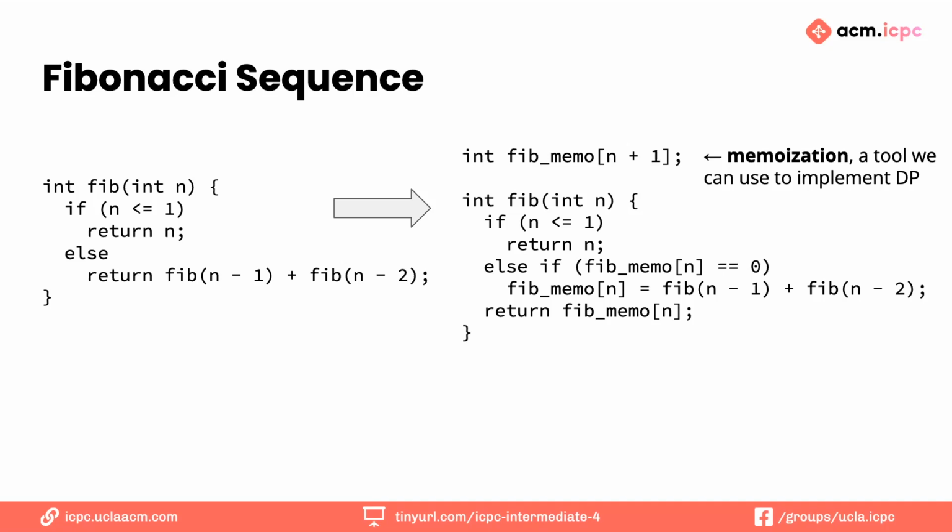But if it's not the base case, we check if we've already calculated the value inside of our memoization array. If the value is not 0, that means that we've already calculated it, so we completely skip that step and directly return the value that we've already stored in our array. And if we haven't calculated it, then we still need to go through the recursive process of calculating it.